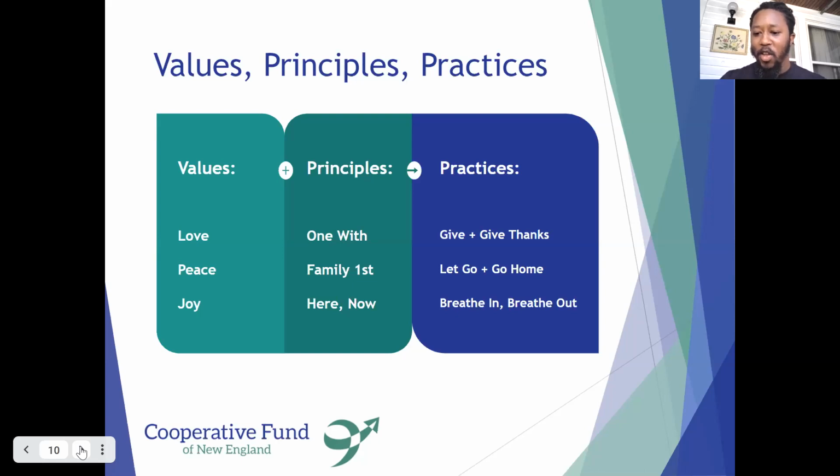If I understand love as connection, and I can realize that means I'm one with you if I love you, when I give to you, I feel grateful because I've received, if we're really one. So these are how your values track into your principles and connect to your practices. I just wanted to give a personal example of how these things connect, because they build on each other and principles don't stand by themselves.